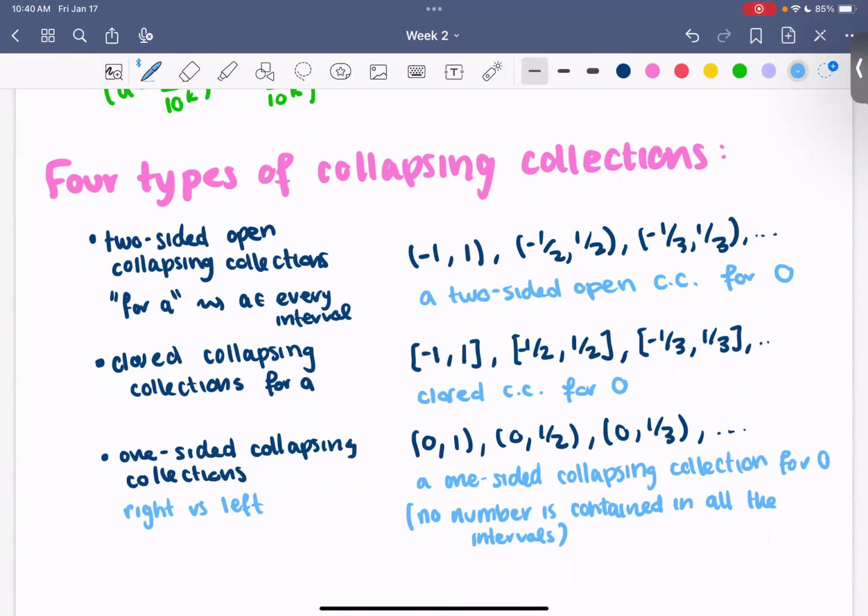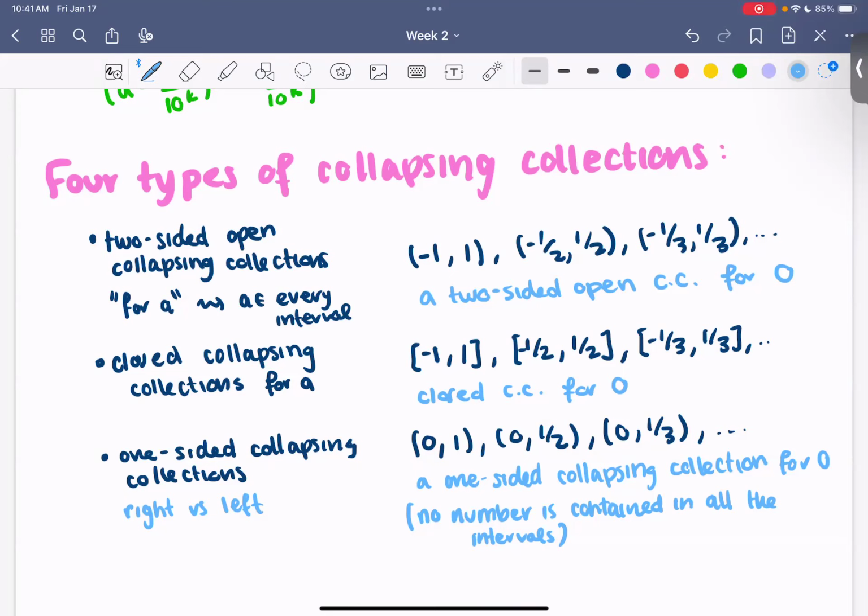Oh yeah, do you have a question? If the whole point of this collapsing collection is to do continuity, and in a one-sided collapsing collection the number itself doesn't even have to be within it, then how is that showing continuity if it's not there? Like on a graph, it's open.